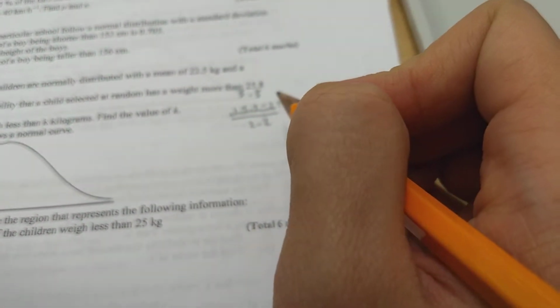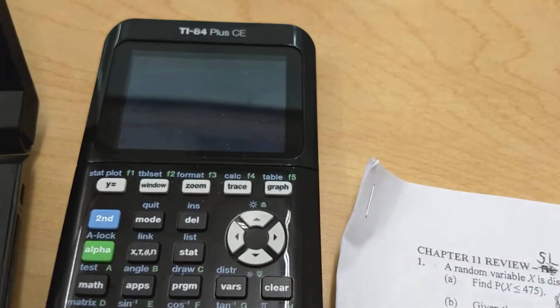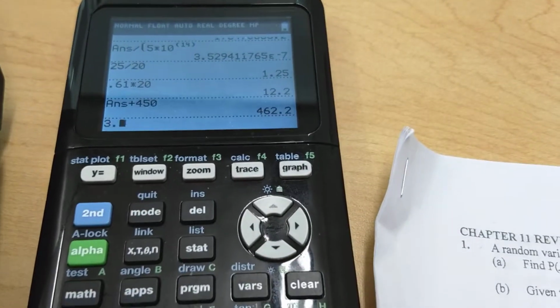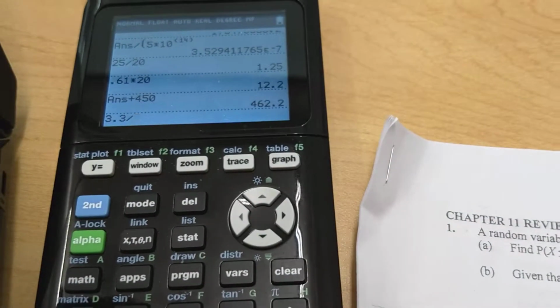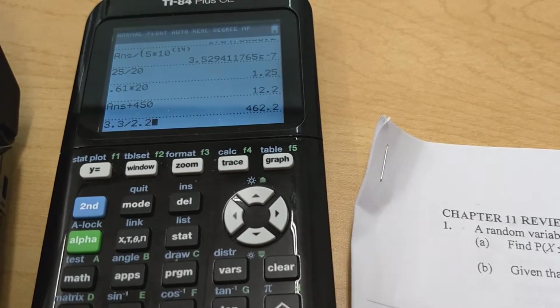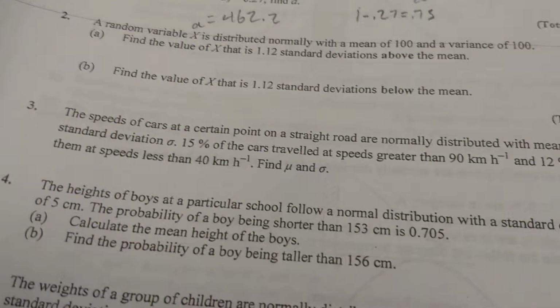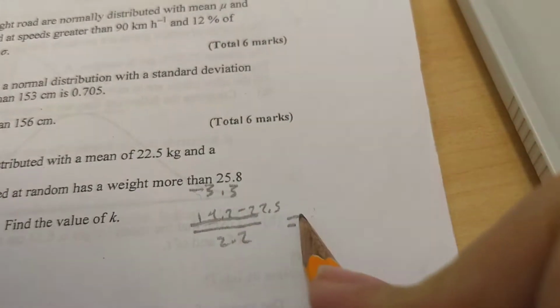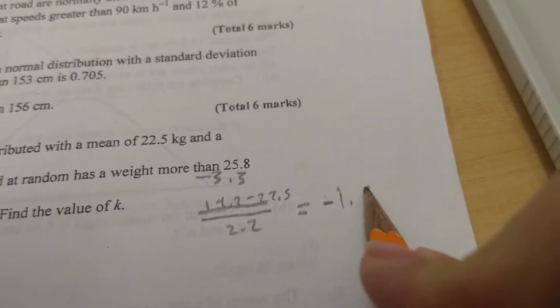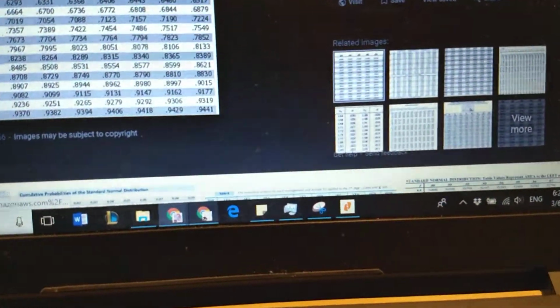Once again, I apologize for the camera quality. If we move to our calculator, 3.3 divided by 2.2 is 1.5. In this case it should be negative 3.3, so we'll get negative 1.5.